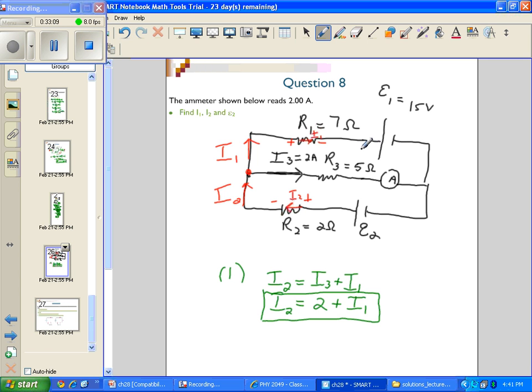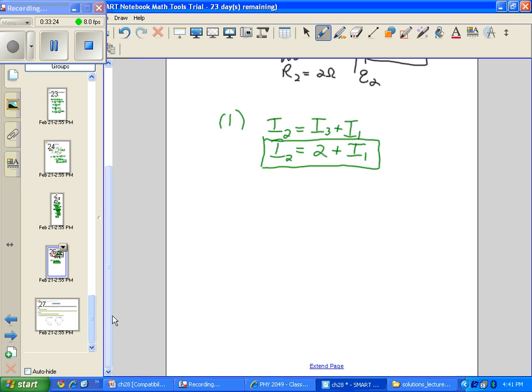My way will be to traverse the top loop clockwise, starting with the battery, and the bottom loop counterclockwise, starting with the battery. Let's write down our loop rules, our potential rises and our potential drops.